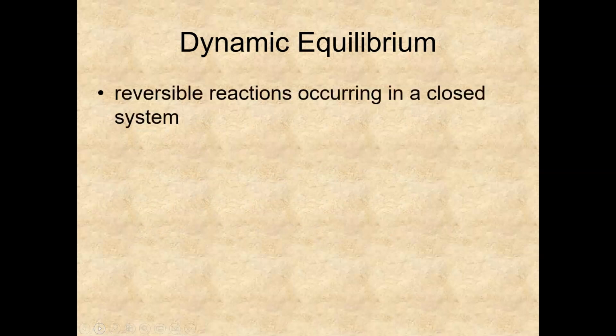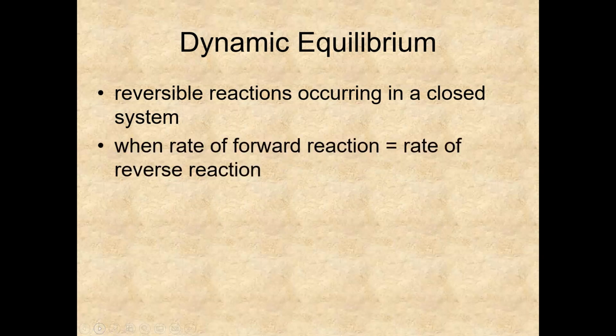We also look at reactions and they can be in what we refer to as dynamic equilibrium. So these are dealing with those reversible reactions that are occurring in a closed system. So a closed system might be like a flask with a stopper in it where gases and stuff cannot escape and no outside gases can interfere with the reaction itself.